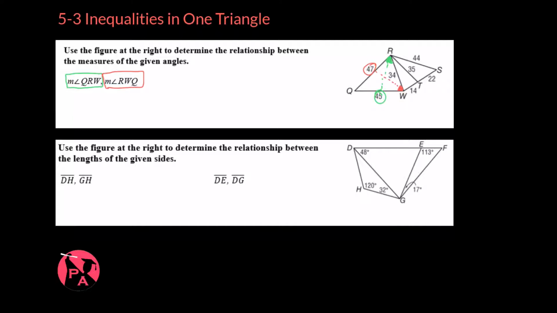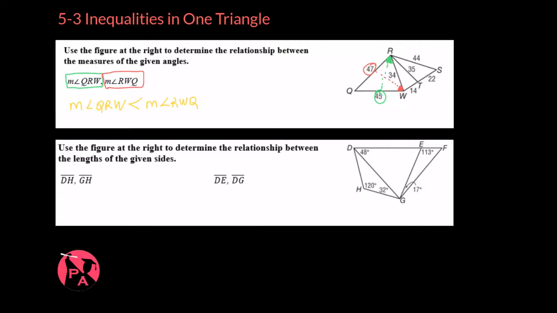So we can say that measure of angle QRW is going to be less than measure of angle RWQ. If you use different colors to label the angles, it might be easier for you to determine which one is greater or smaller.